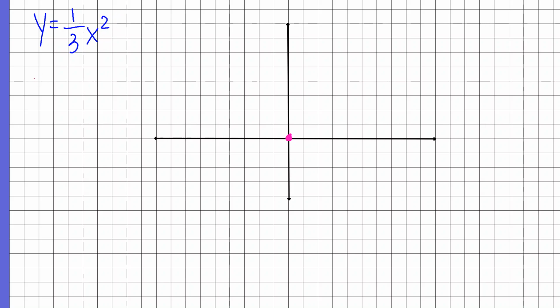So if I plug in x equals 3, that would be 1/3 times 3 squared. Exponent first, so 3 squared is 9. And 1/3 of 9 is 3. So our first ordered pair would be (3, 3). Okay, which means if reflected over, that would be over there.